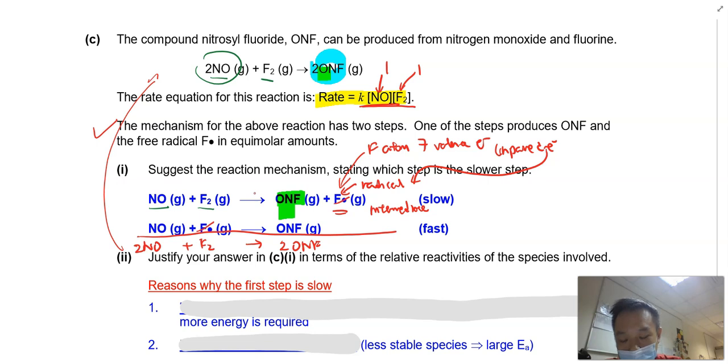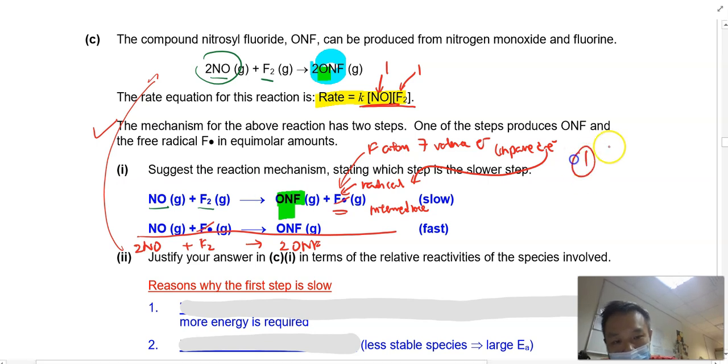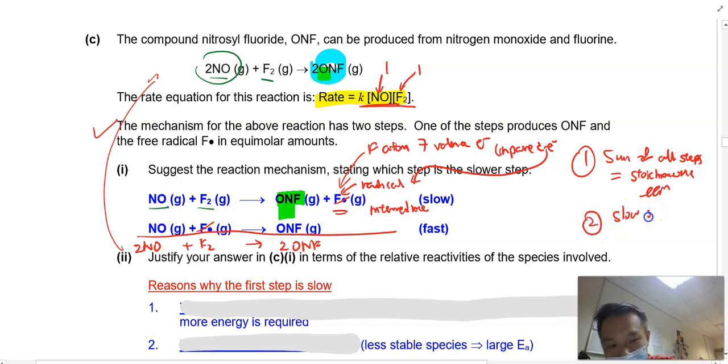So first criteria, sum of all steps equals to your stoichiometric equation. And number 2, your slow step agrees with your rate equation.